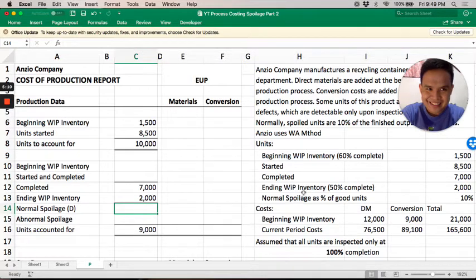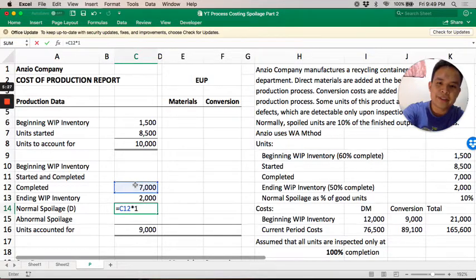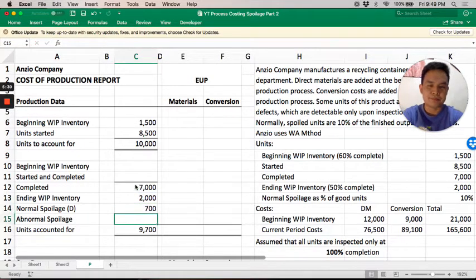Kasi, inspection at the end eh. So, nasisira lang siya pag sa dulo na, that means that all spoilage happened based on completed units. So, 7,000, 10% of that, all of that is good. 10% of that is normal. So, 700 yung normal.